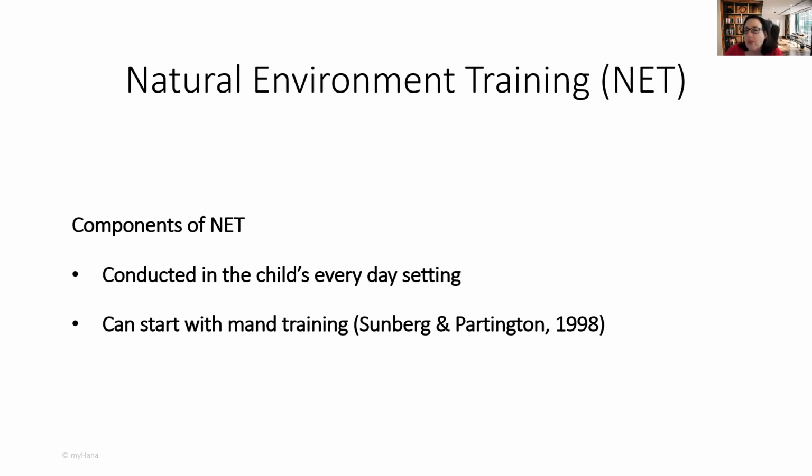So prior to expecting a child to request in a natural setting, the child should be trained on requesting this item in a contrived setting and should have mastered the concept of requesting an item before you're expecting them to do it in a natural setting. So they have to already have that skill, essentially.